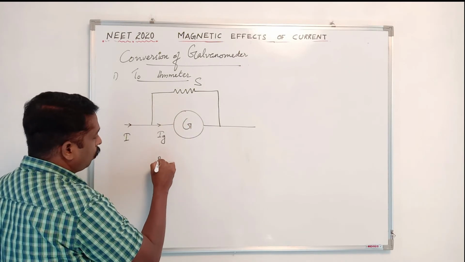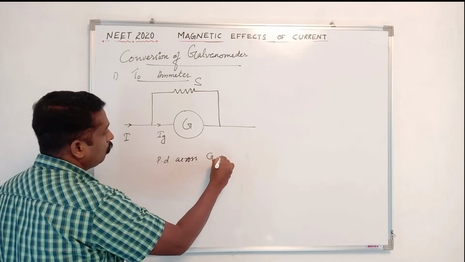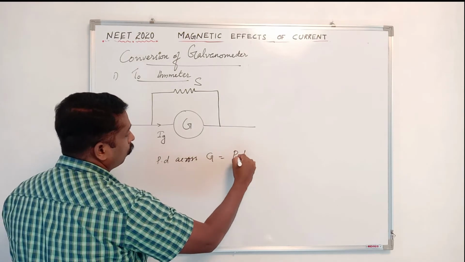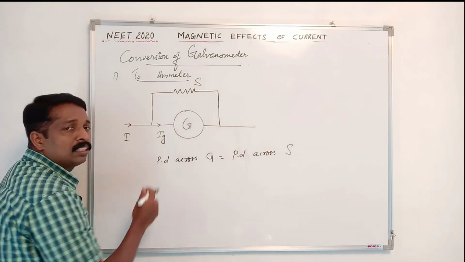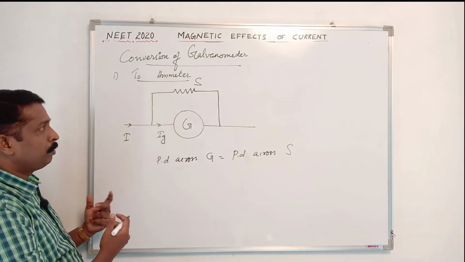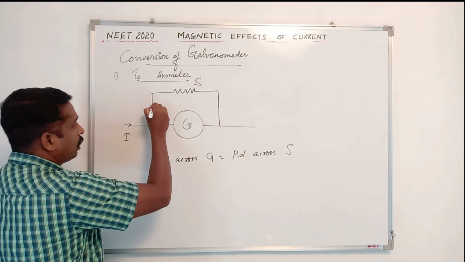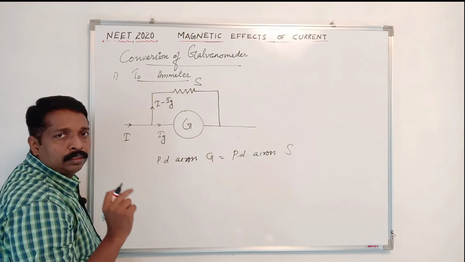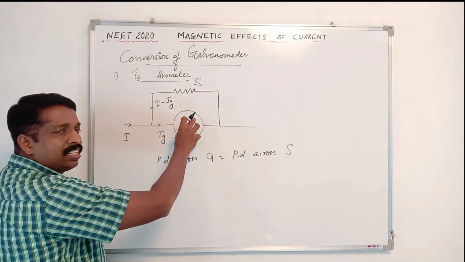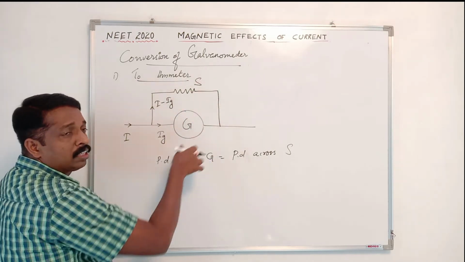Then potential difference across G is equal to potential difference across S. This resistance is called shunt resistance because it shunts the current towards this direction. So the current in this direction is I minus Ig. The shunt resistance should be less than the galvanometer resistance so that maximum current flows through the shunt resistance.